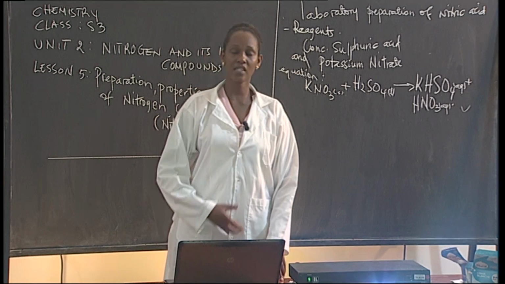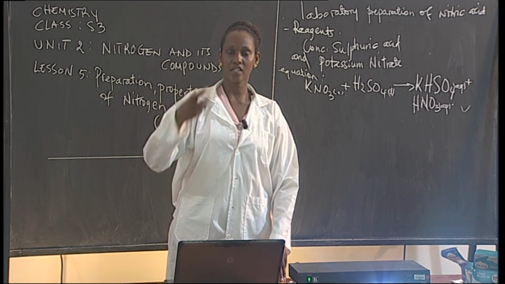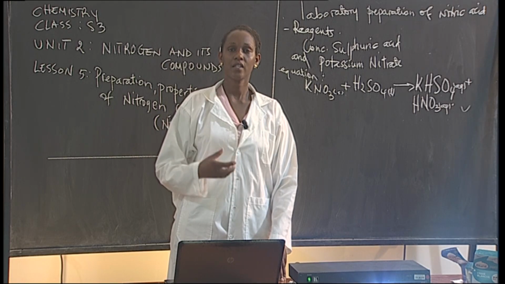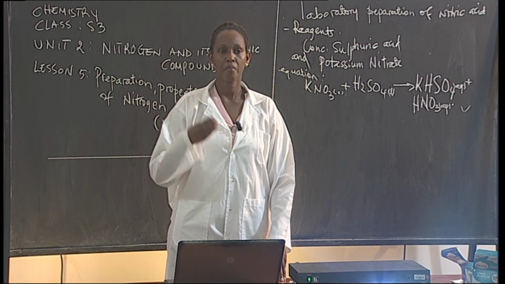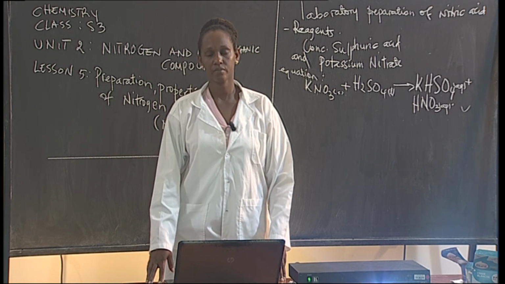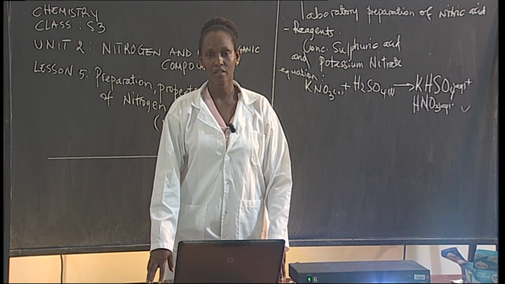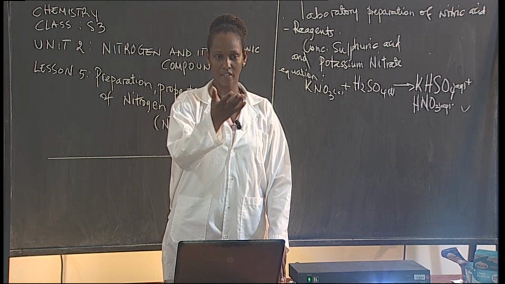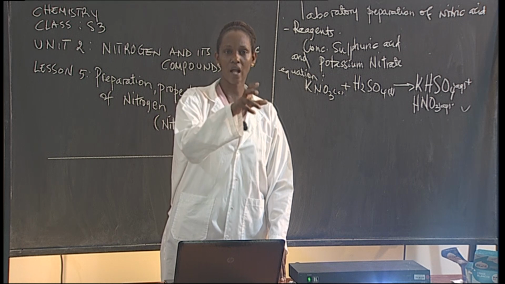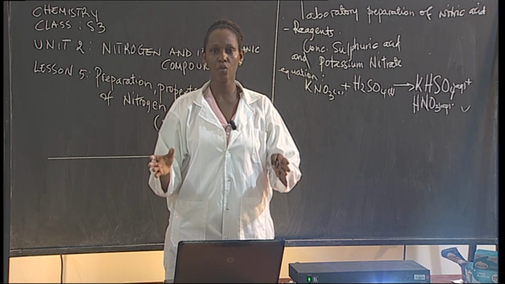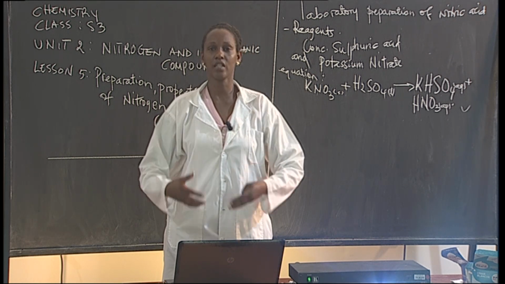So if you want this acid to become pure, it can be made pure by distillation. All right? I think this is clear. You need to know that in the Oswald process, we just deal with catalytic oxidation of ammonia.